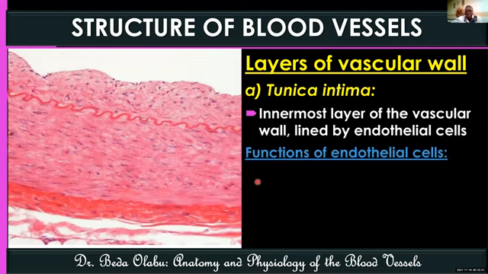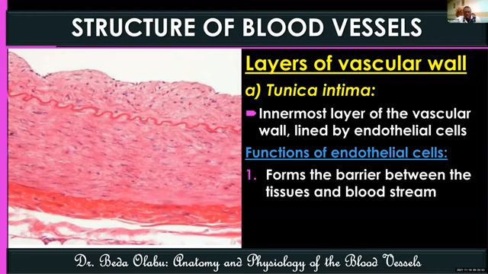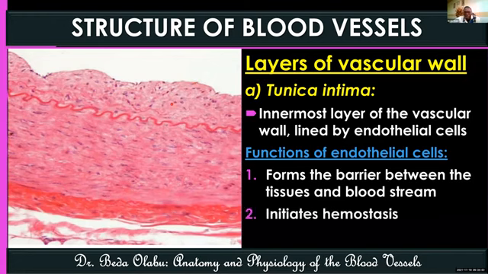I've already told you one of the functions of endothelial cells, that they form a barrier between the bloodstream and the tissues. But we know that endothelial cells can also initiate the process of blood clotting, can initiate the process of hemostasis.